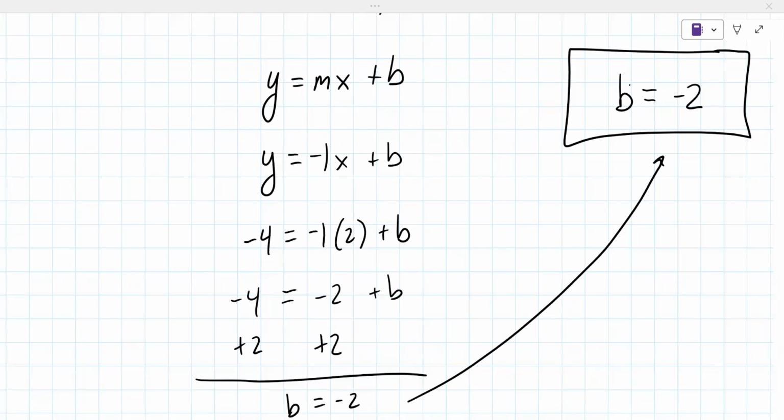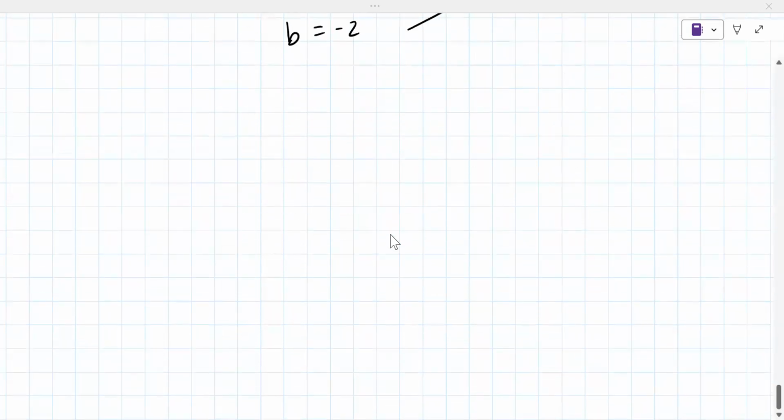Okay. All right, so we're going to do another couple of problems like this, see if we can get a few more of these down. I'm going to give you the slope again. This time the slope is 2, and the ordered pair is -1, comma -3.